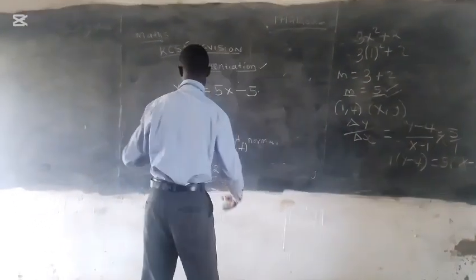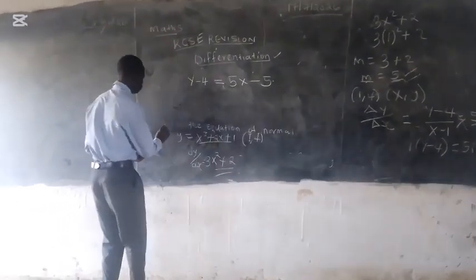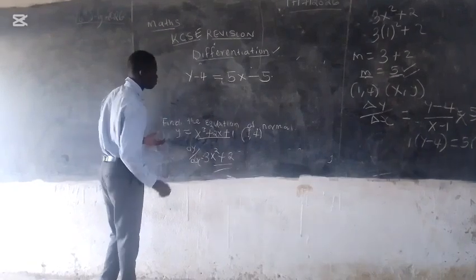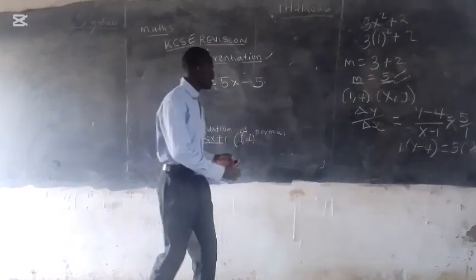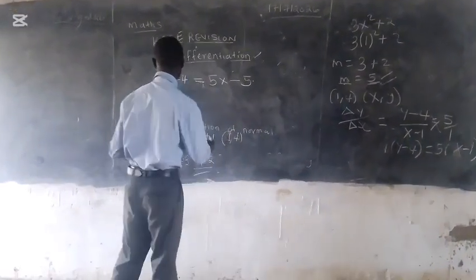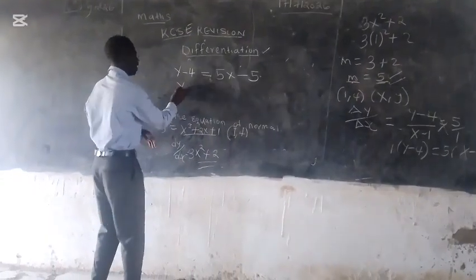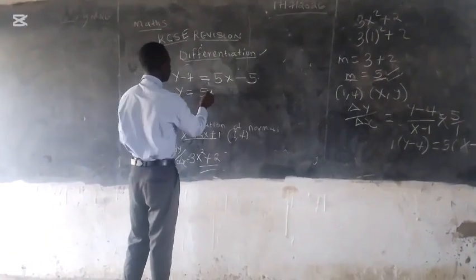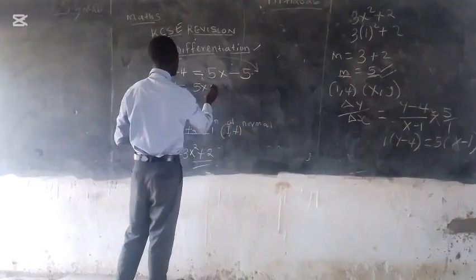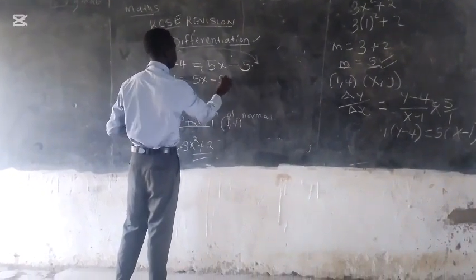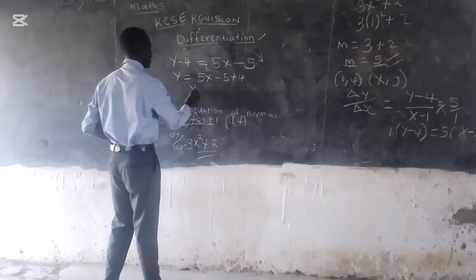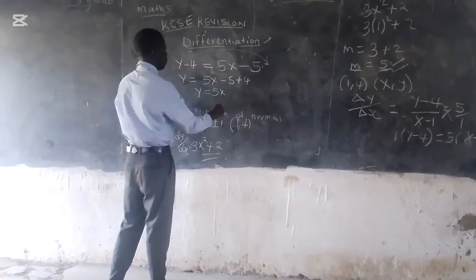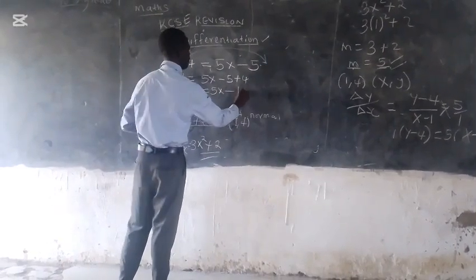But considering the demand of the question, if the question has not specified, then you can write in any form that you like. Therefore y equals 5x, this one moves to the other side, it becomes negative 5 plus 4. Therefore y equals 5x minus 1.